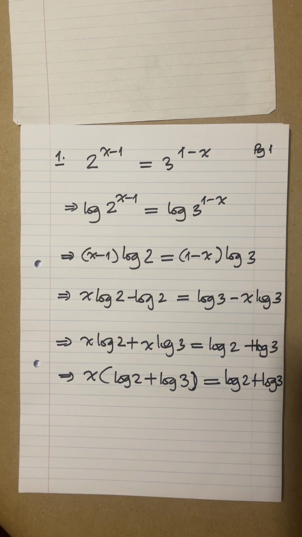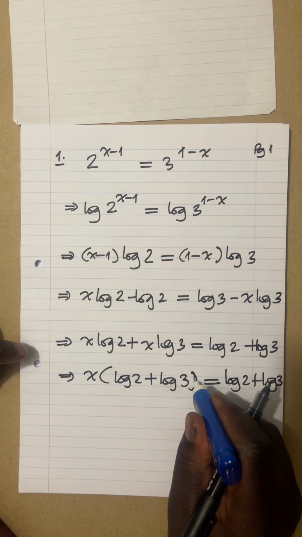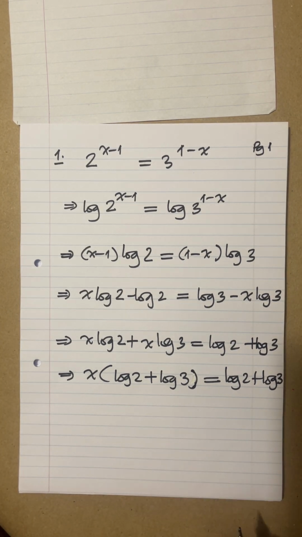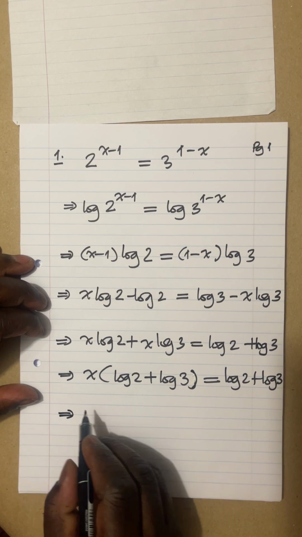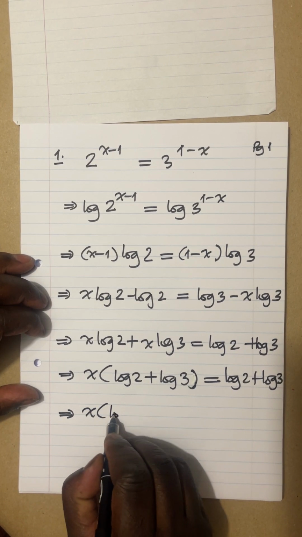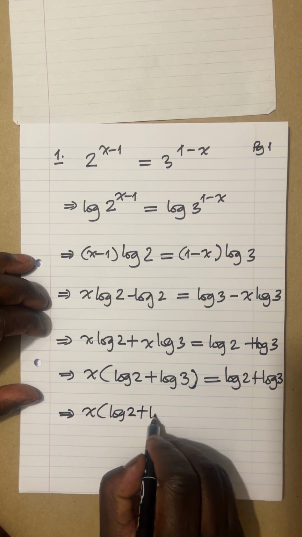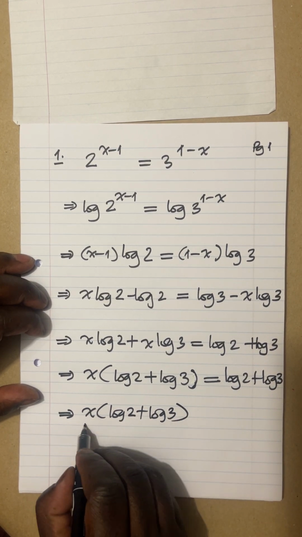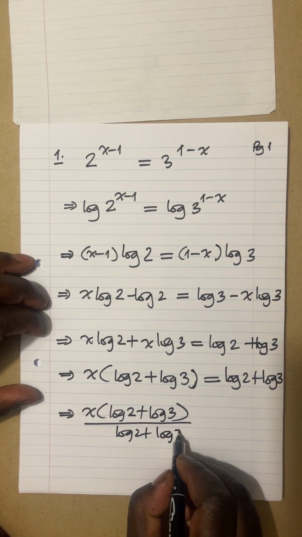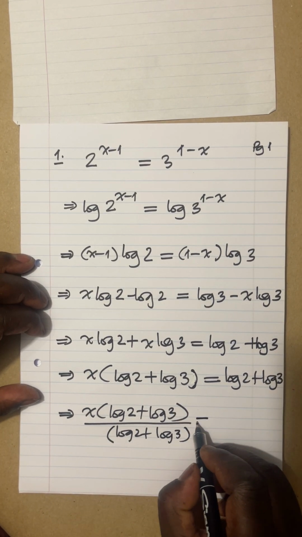Now, what is our next step? Obviously you can guess that our next step is going to be to divide both sides by this expression here. So dividing both sides by log 2 plus log 3, we have x times log 2 plus log 3 all over log 2 plus log 3. We do the same on the right hand side.